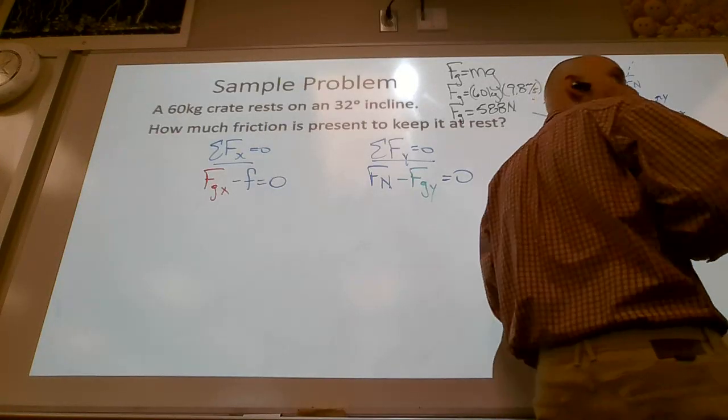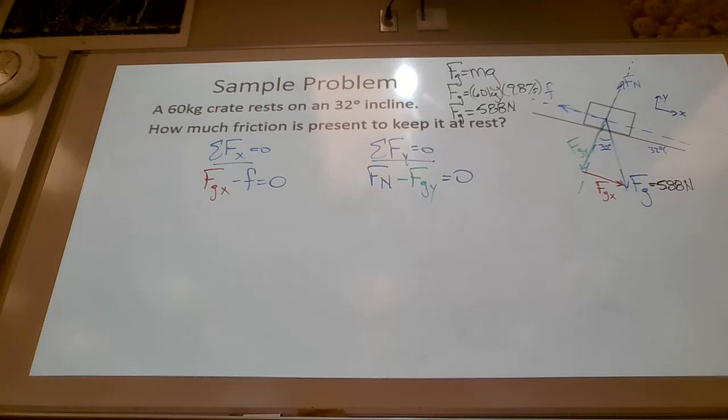I need to find the x component of that. Tell your neighbor what trig function you're going to use to find FGX. Sine. Okay. Do not memorize that x goes with cosine and sine goes with y.